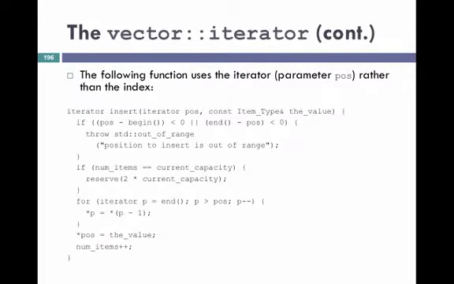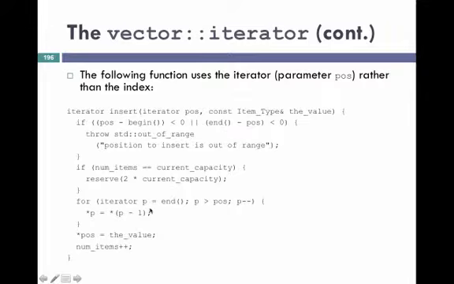The following function uses the iterator, a parameter named pos, rather than an index. We insert at the position indicated by this iterator, and here's the value that we insert. Here's the code to do that. We check that the position isn't out of range. We make sure we have space in our array, and here's where we do the insert operation.